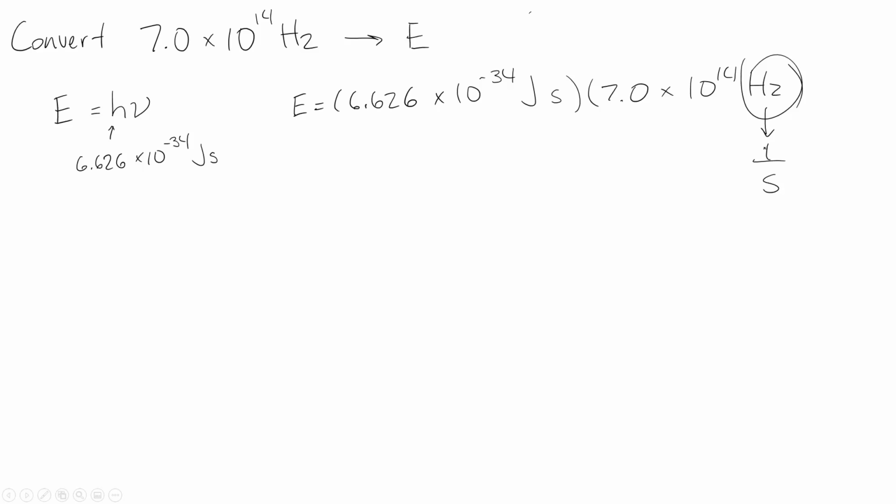Multiplying the units out, seconds times 1 over second cancels out, so we're left with the energy unit, joules. If you do 6.626 times 10 to the negative 34th times 7.0 times 10 to the 14th, you should get 4.6 times 10 to the negative 19th joules.